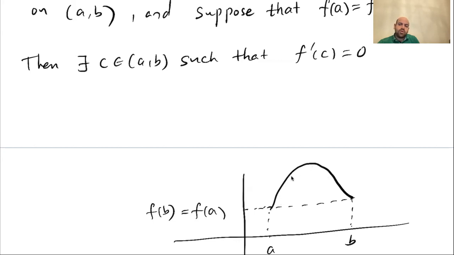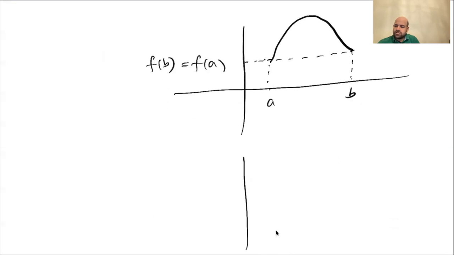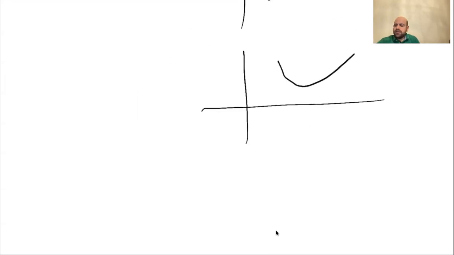Like a maximum or a minimum, because we can also come back to the height. We can go up and down or go down and up, or we can just stay the same. There's also an option to just stay at the same height the whole time.